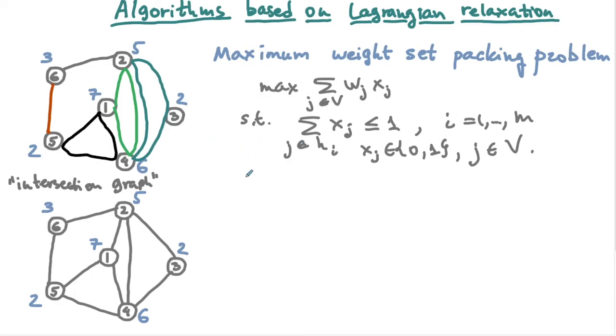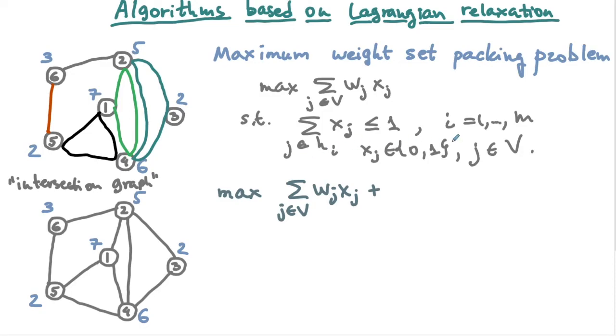This is a maximization problem, and the Lagrangian relaxation will look like this. You want to maximize the summation of wj xj over j in V, plus we dualize all the set packing constraints.